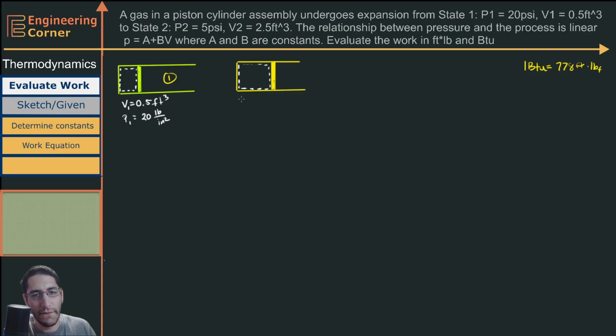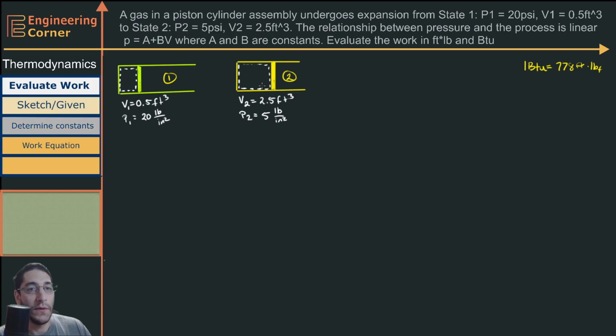V2 is equal to 2.5 cubic feet, and P2 is equal to 5 pounds per square inch. So this is the information that's given.